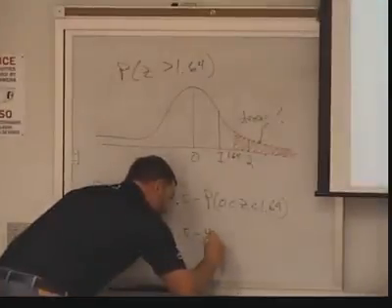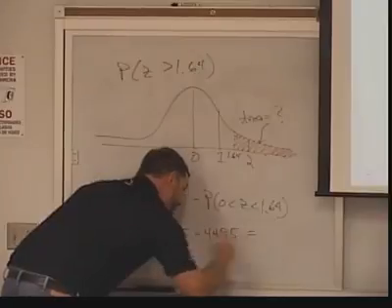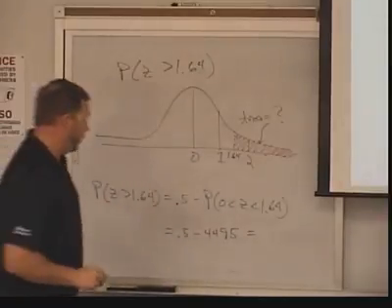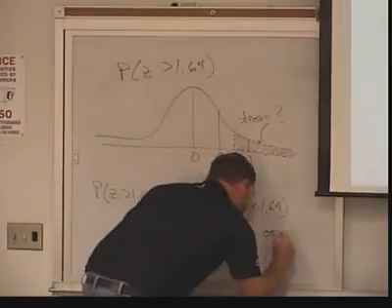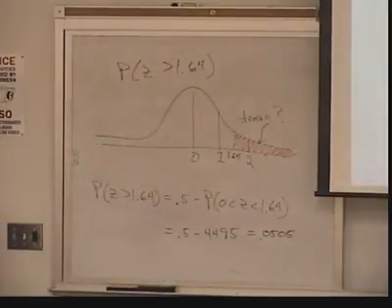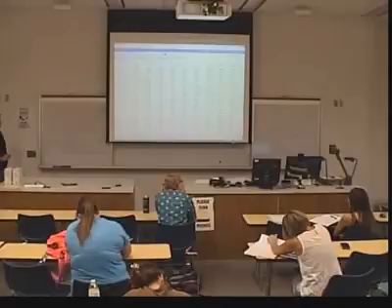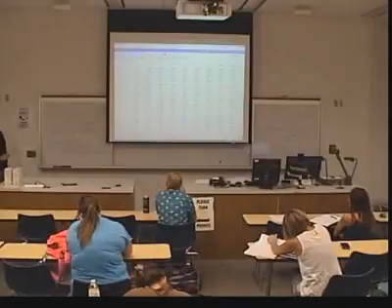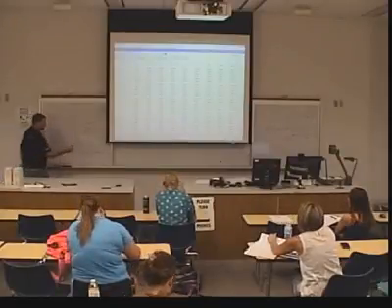So this is equal to 0.5 minus 0.4495, which equals 0.0505. Is that right? Is that what you guys get? 0.0505? All right.